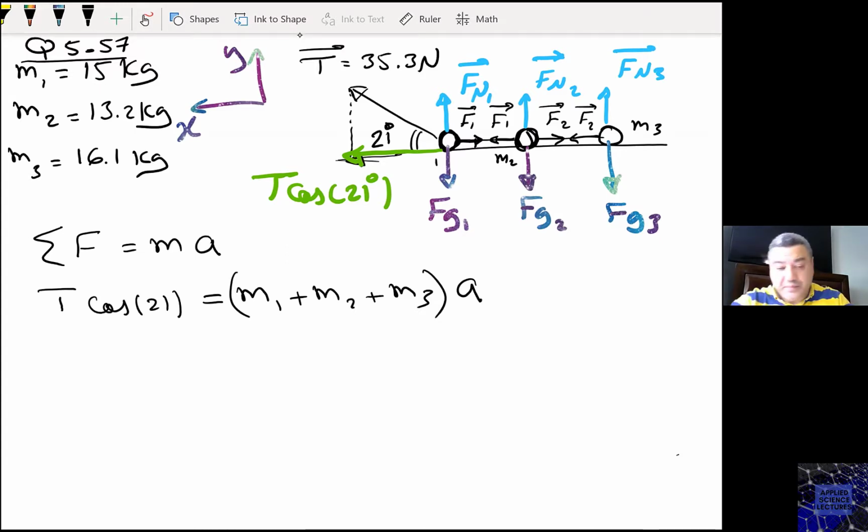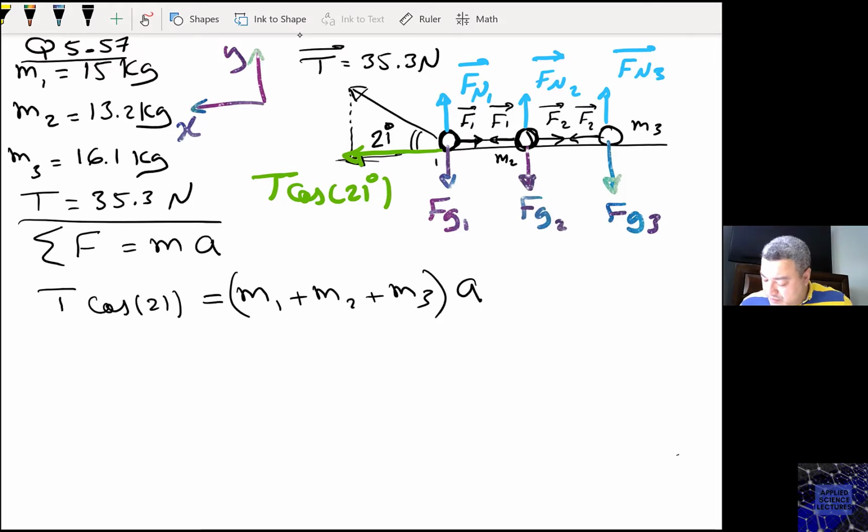Now, the tension force is given to me in the question as 35.3 newtons. So this is given.